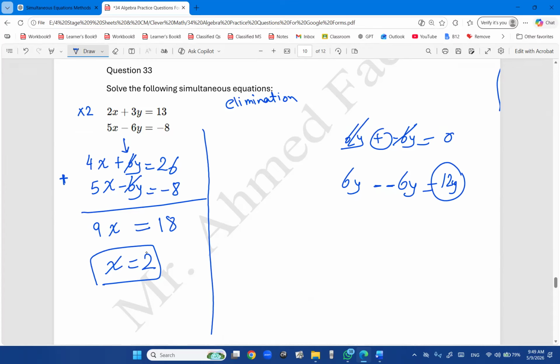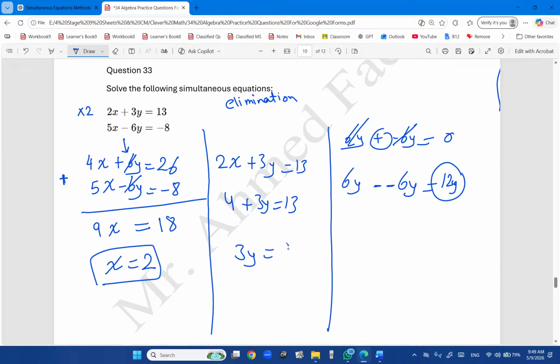Take this and substitute in one of the two equations. So taking the first equation, for example, 2 multiplied by 2 is 4. I know that x is 2. Plus 3y equals 13. So 3y equals 9 and y equals 3.